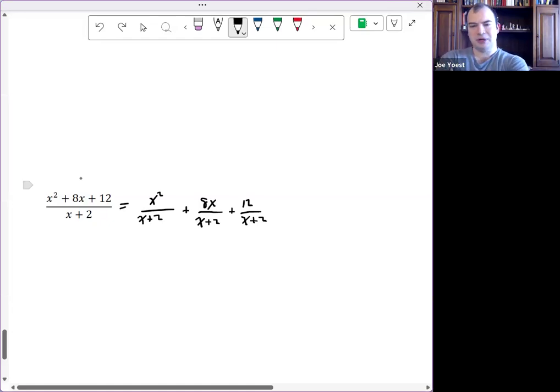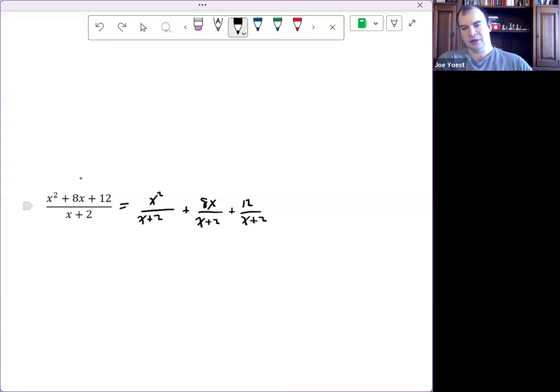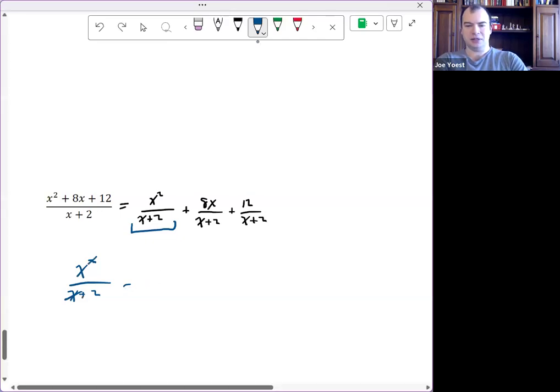But the problem is, what do I do now? If I look at, say, x squared over x plus 2, I might be tempted to divide out an x and make this like x over 2, but that's actually not valid mathematics. That's not how fractions work.